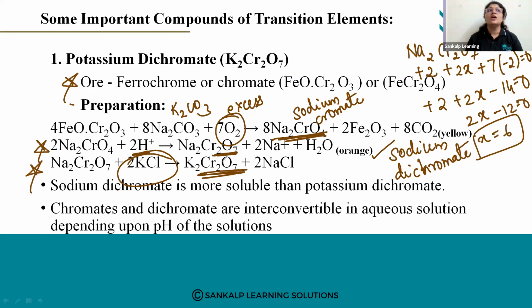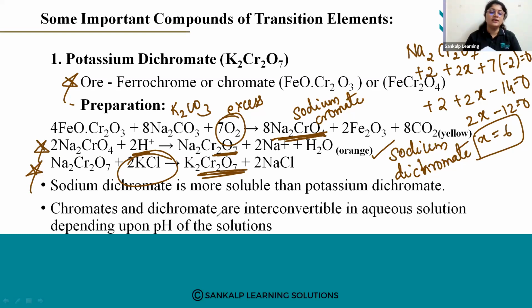Volumetric analysis means a certain amount of solute is dissolved, and you perform some set of experiments, and by that, in the end, you are supposed to find out how much of that particular solute was dissolved in a particular volumetric flask. So potassium dichromate, as it has a perfect orange color, can be used as a primary standard solution in volumetric analysis. This is the first property of potassium dichromate.